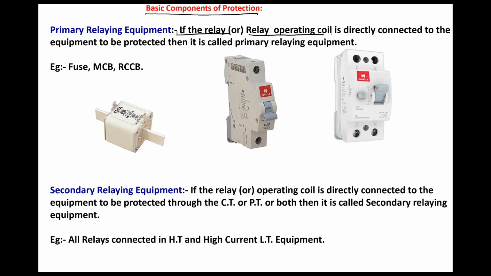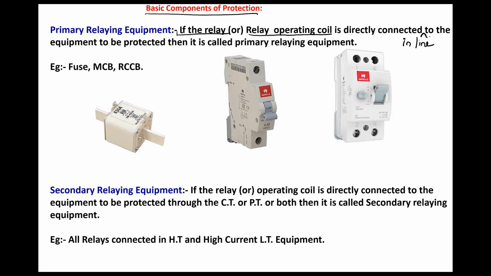If the relay or relay operating coil is directly connected to the equipment, or in line with the equipment to be protected, then such relaying equipment are called primary relaying equipment.